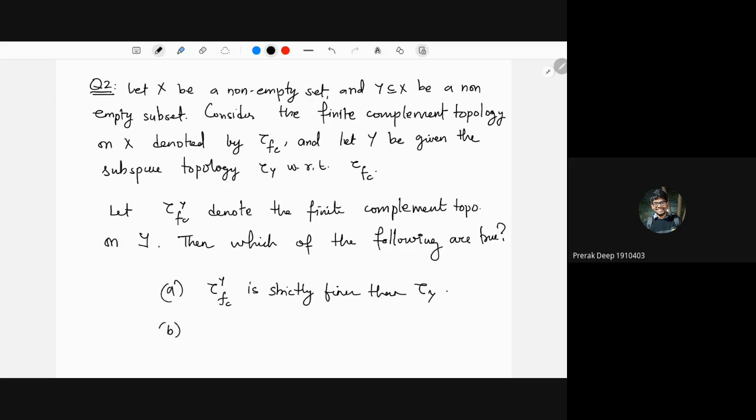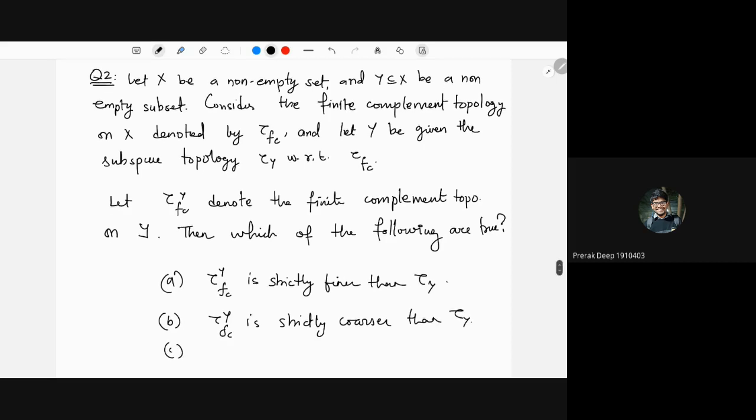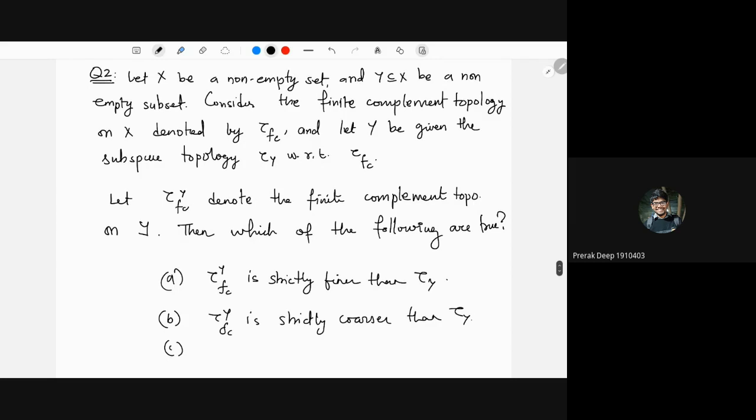Option B: the finite complement topology is strictly coarser than the subspace topology. These topologies are incomparable.